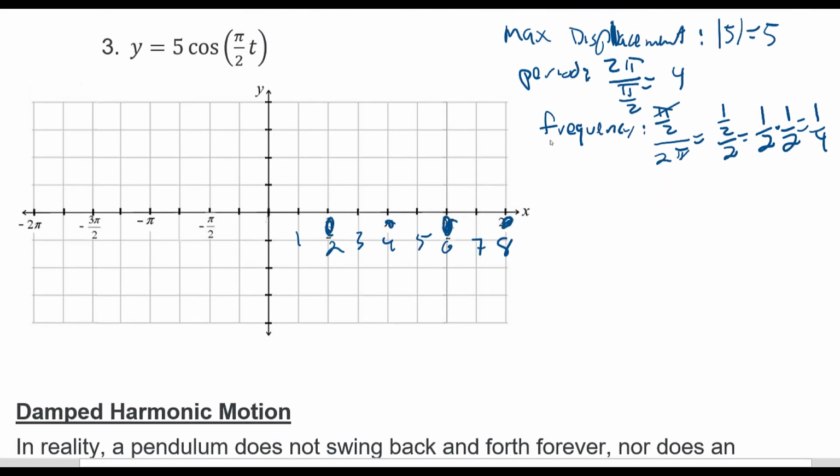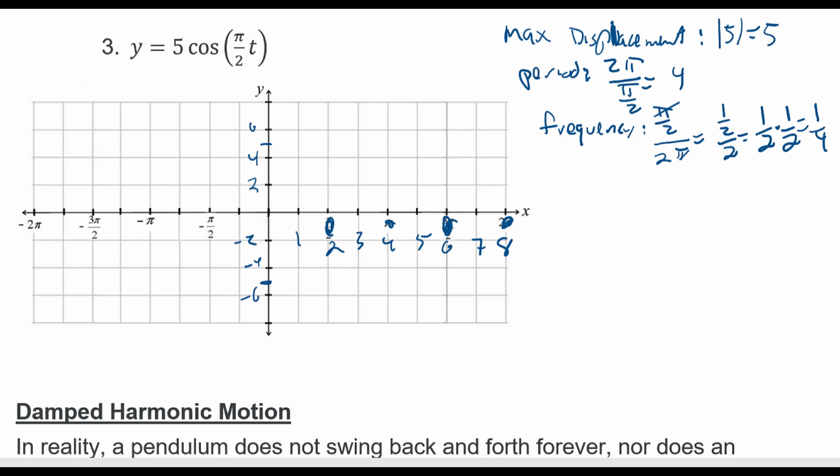Okay, this one, the period is 4, and this is a cosine, so I should scale that. 2, 4, 6, we'll call it 5 there. -2, -4, -6, we'll call it 5 there.